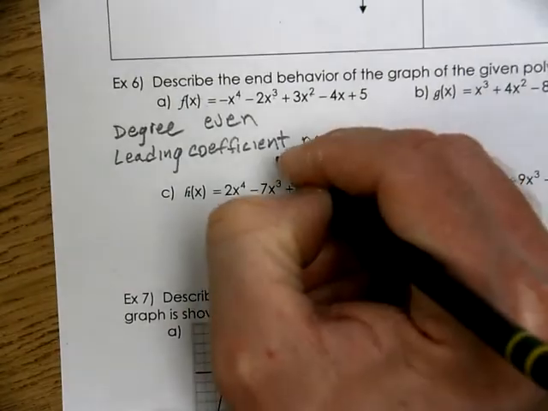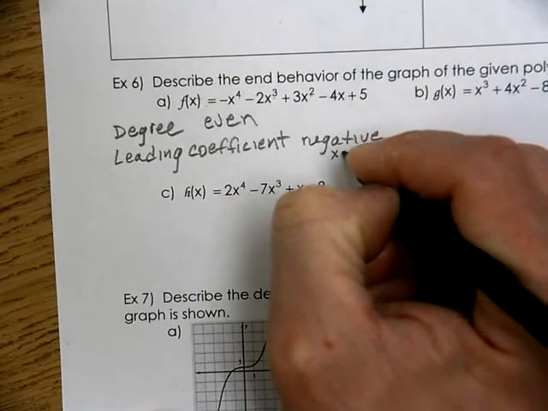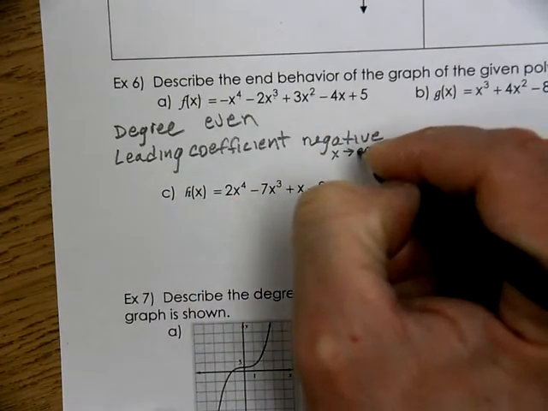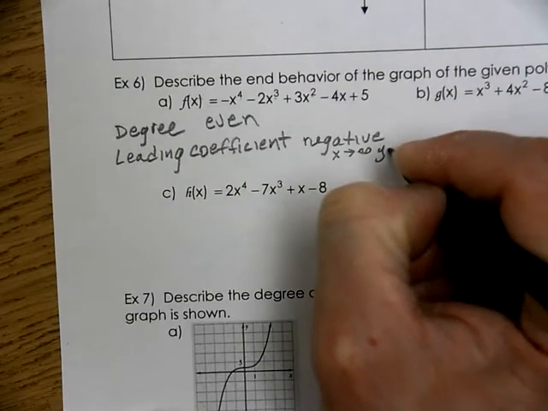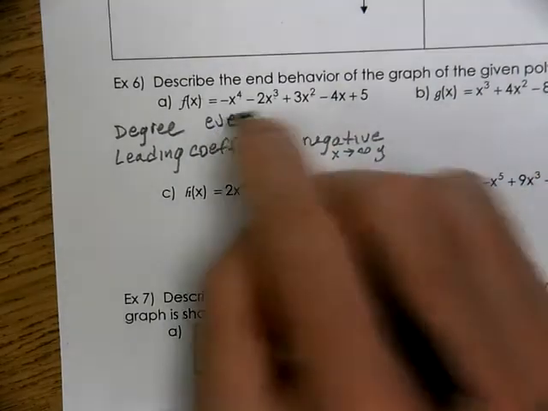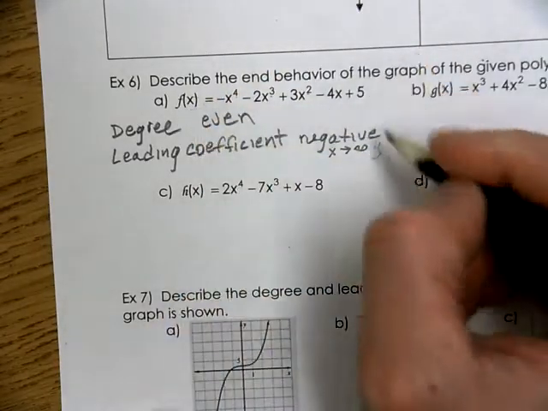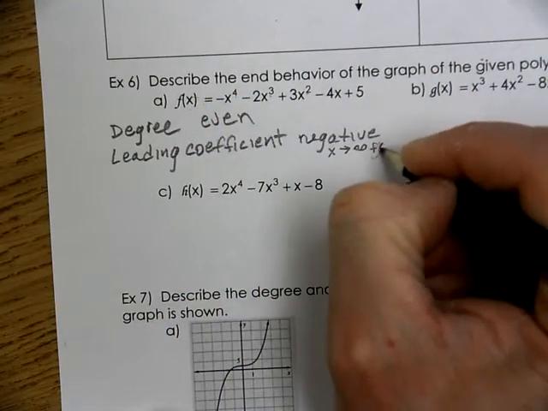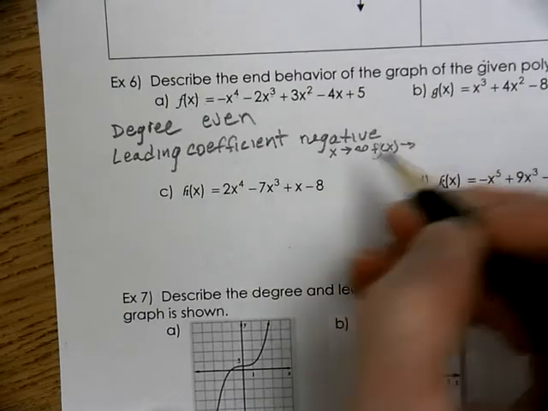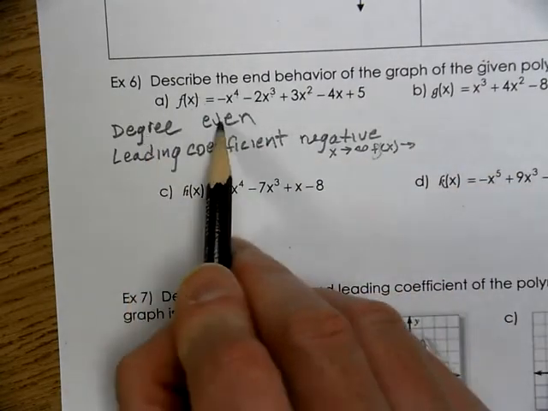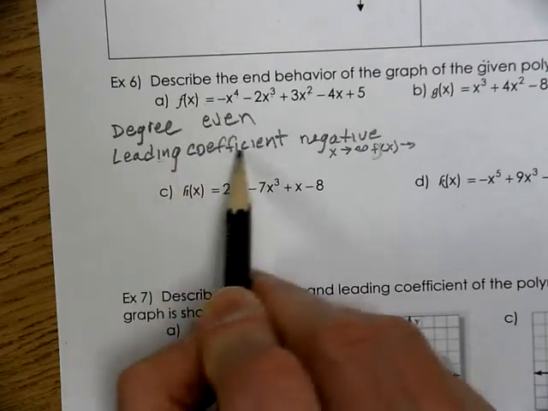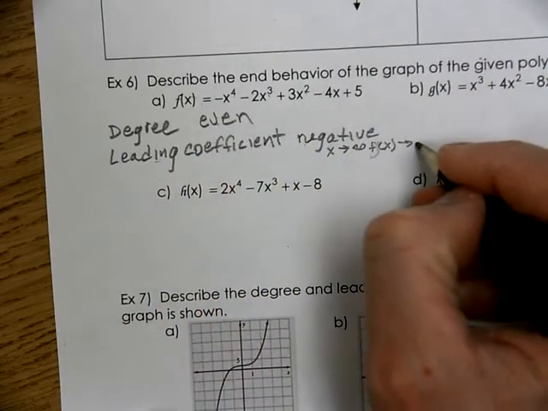So what we would say here, as x approaches positive infinity, the function, often we say f of x, I guess that would be better in this case because it's f of x here. F of x approaches, let's see, if it's even the same direction, if it's negative, it's going down.